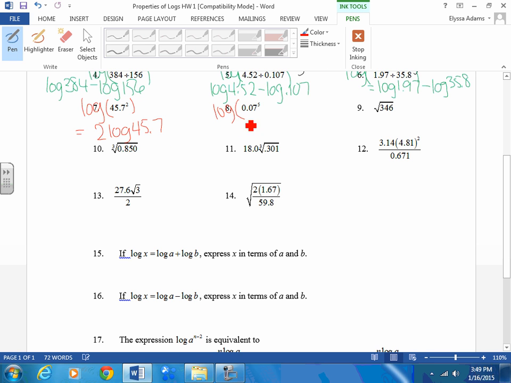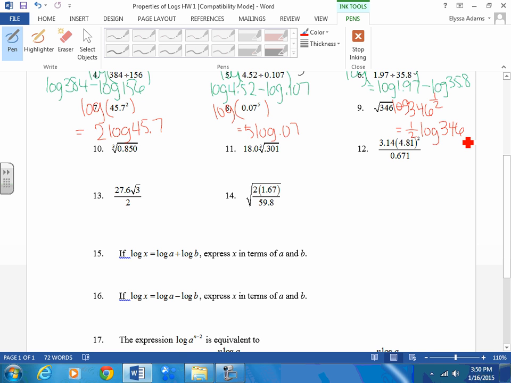Same thing happens with number 8. This is going to give me 5 times the log of 0.07. Now don't be thrown off by the square root, because this is really 346 to the 1/2 power. So then we take the log of that and the 1/2 pops out in front. I get 1/2 times the log of 346.